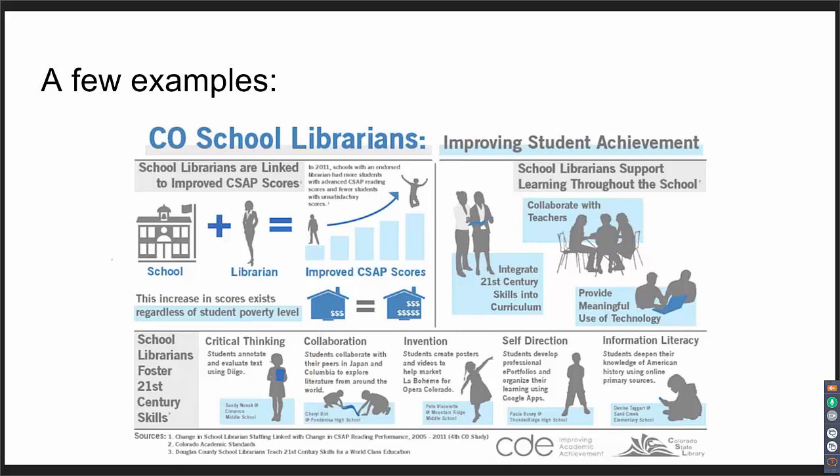And they cited the different sources of data that they used, but it isn't just their survey. It was pulled from different resources, and it just highlights various things that school librarians do and school library programs do to help student achievement.